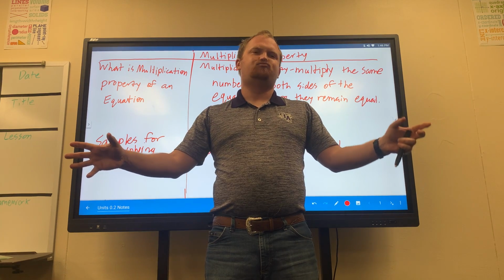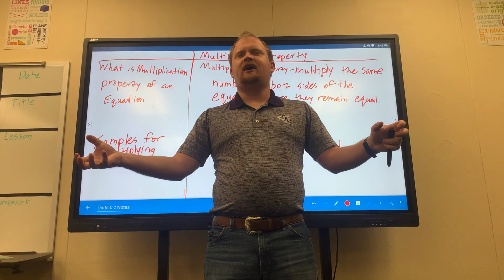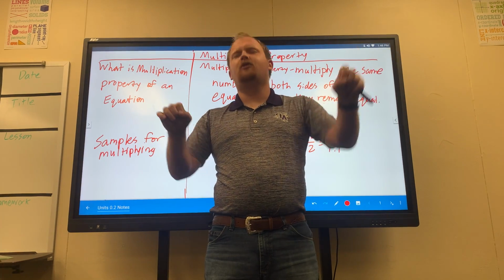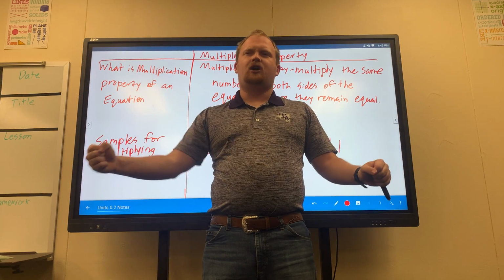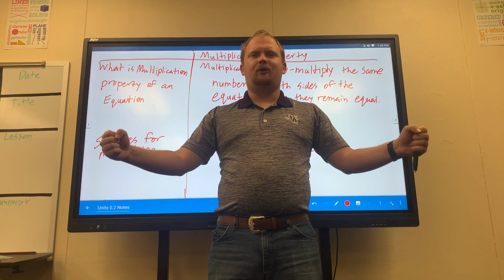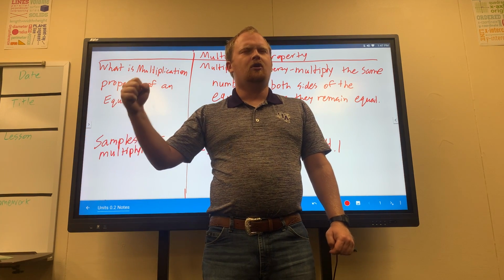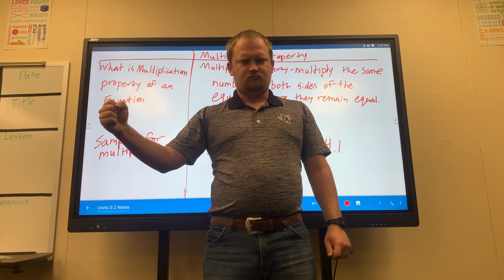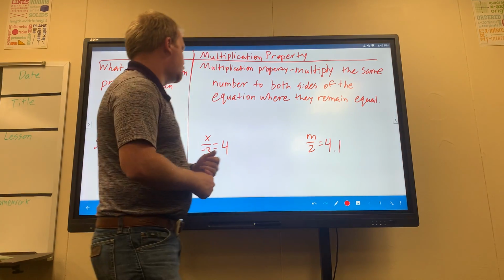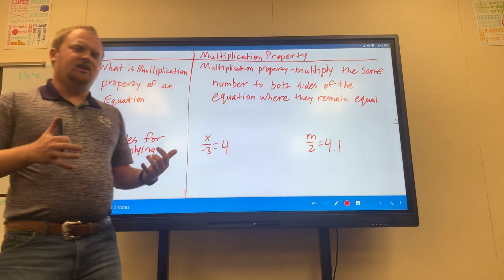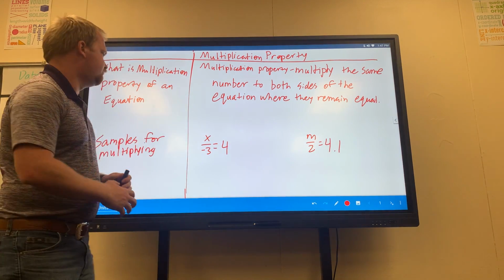I can't just double one side and triple the other, because that's still going to make it awkward. But I can also divide by 2, or halve the weight on one side, and halve the weight on the other. So the application works for both multiplication as well as division.